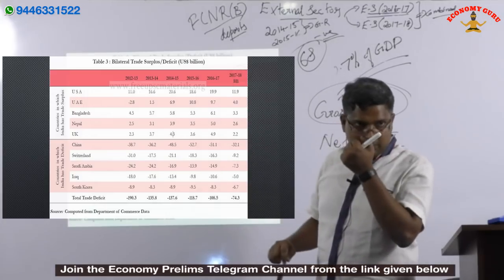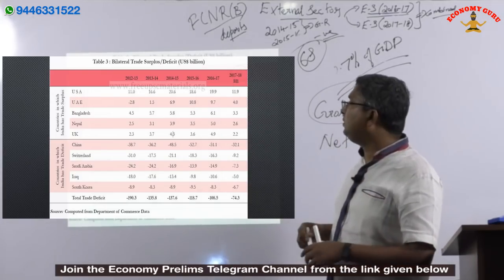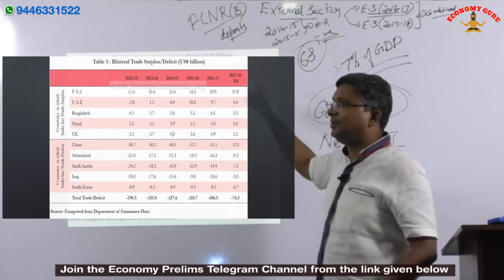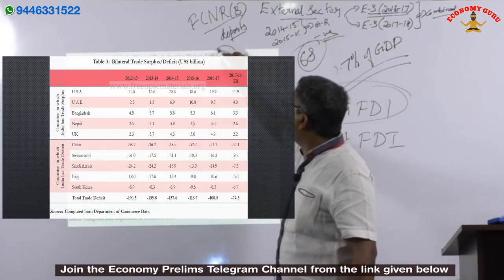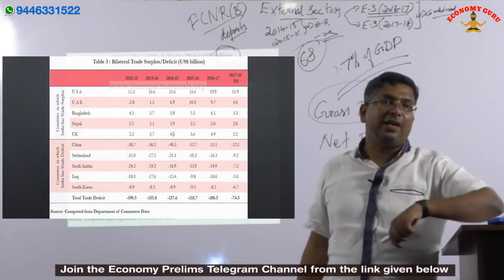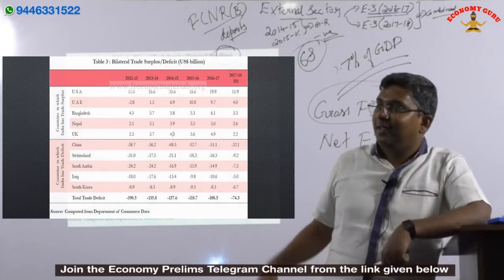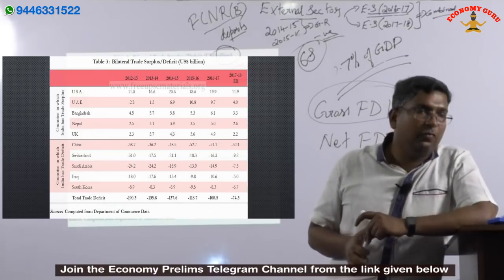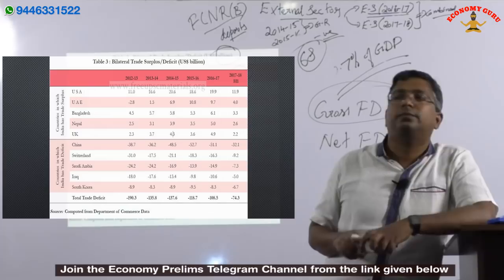It's in value terms. It's not in share wise. With the US, India is having a trade surplus of 20 billion. See, I told you, na? 16 survey, 17 survey given in billion, 17, 18 survey given in million. So with US, we are having a trade surplus of 20 billion.